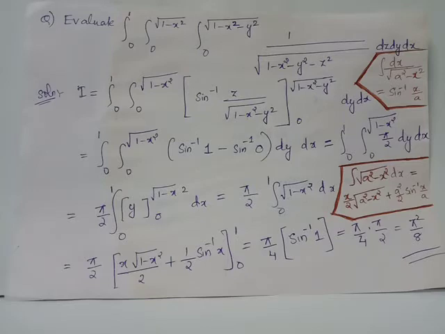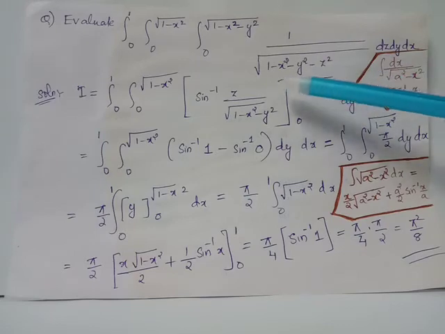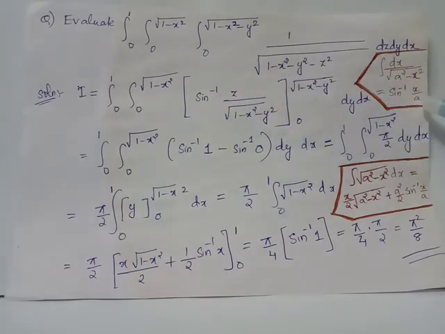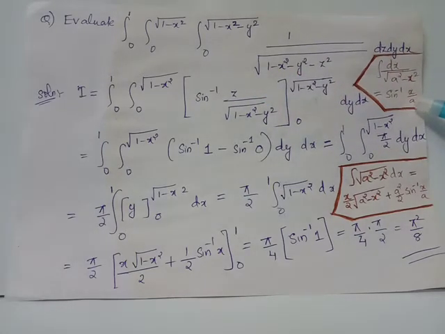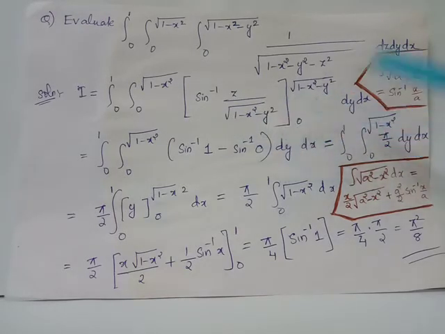Therefore, integration of this expression with respect to z will give us sine inverse z divided by root of 1 minus x square minus y square. Just like x is the variable written as the numerator, here z is the only variable. The remaining constant terms are written as the denominator. We have root of 1 minus x square minus y square as the constant term in the denominator.